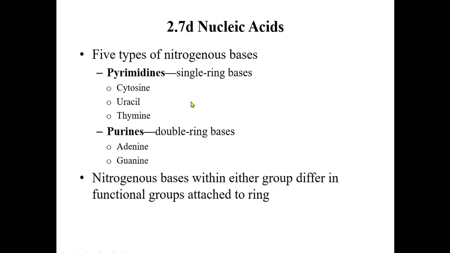Then, when it comes to the nitrogenous bases, we have two categories. Pyrimidines are made out of cytosine, uracil, and thymine. So pyrimidine is one group of nitrogenous bases. Now the way you're going to remember that is notice how pyrimidine is a very, very long word.